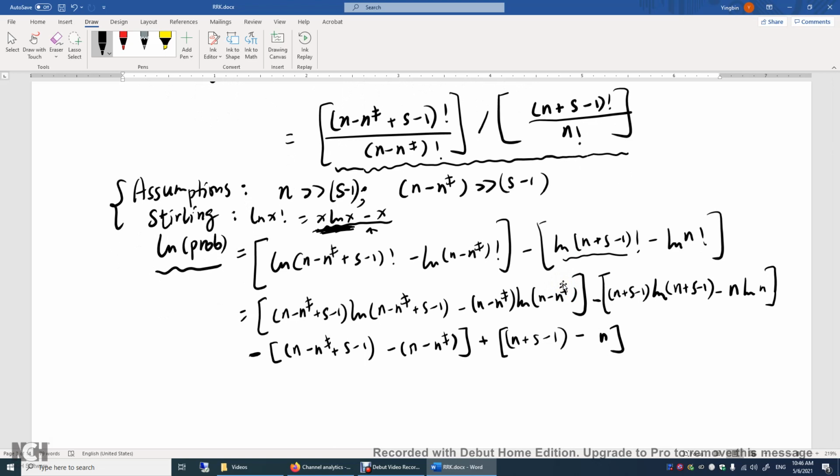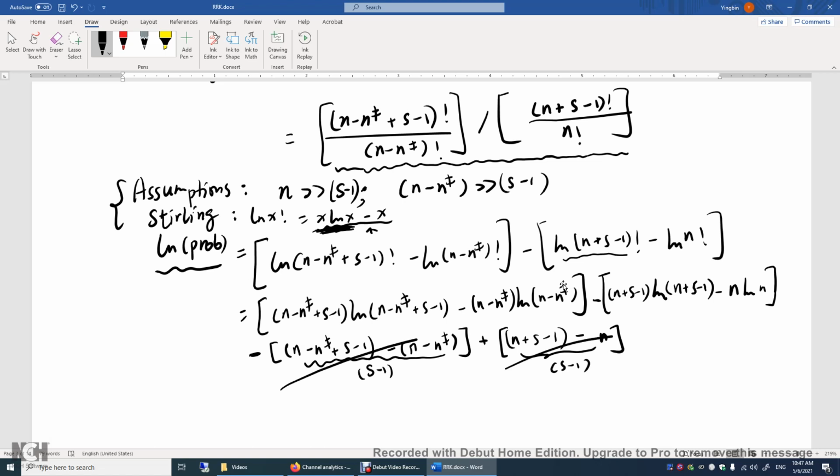Okay, so over here, you can see in this square bracket, we have s minus 1. Within here, we have also s minus 1. Right? So you have minus s minus 1 and plus s minus 1.